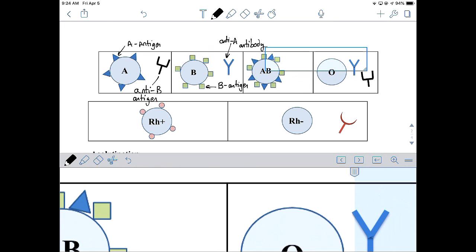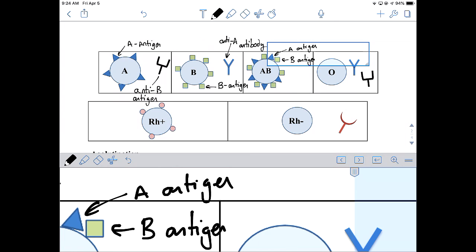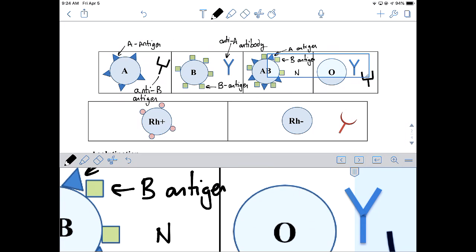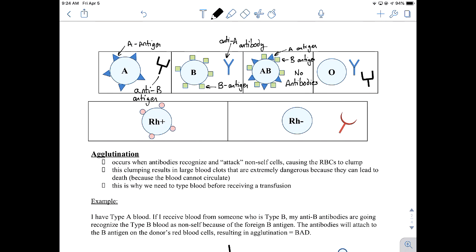Here we see both A and B antigens, the A antigen and here's our B antigen. And of course, now we see that there are no antibodies, so no protection from the other bloods.